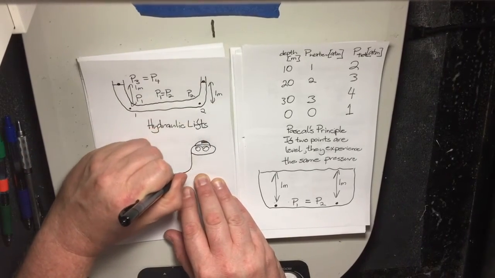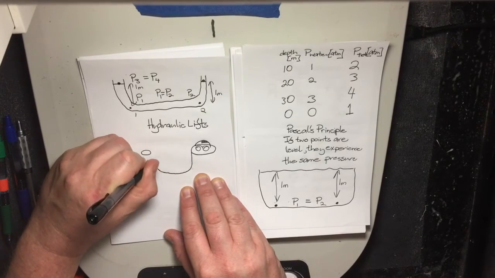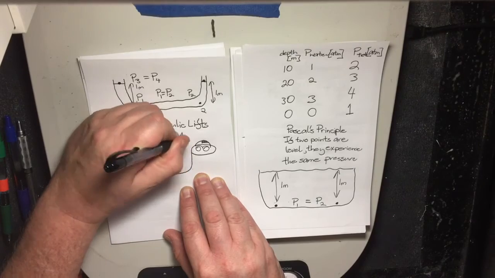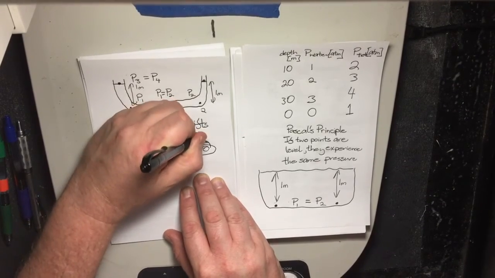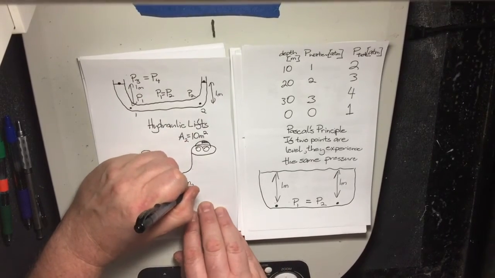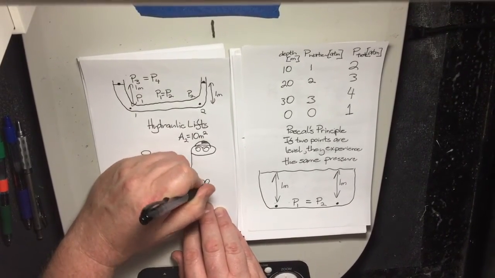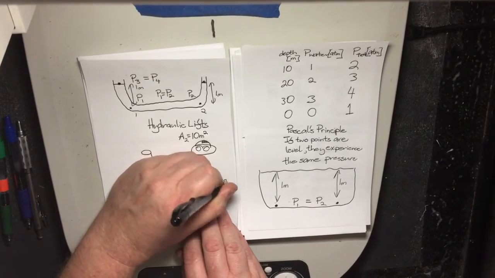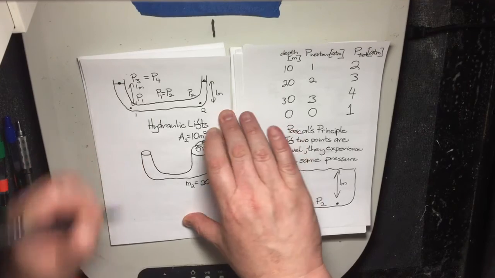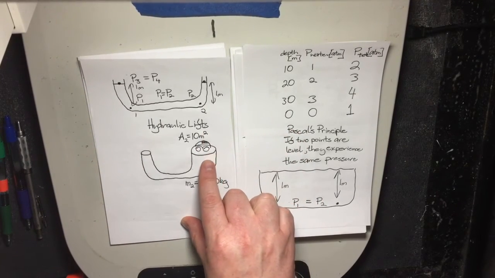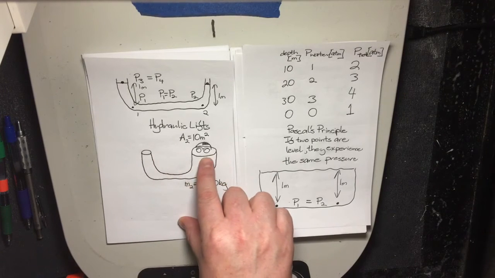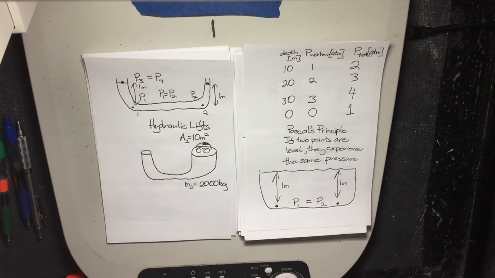The car is on a platform with an area of 10 square meters, and the car mass is 2,000 kilograms. It is resting on a big platform, and that platform is right over this tube, more like a big pipe.